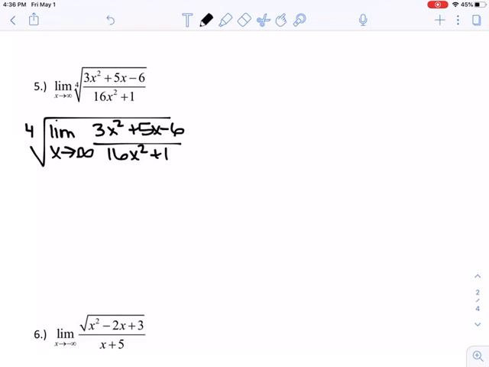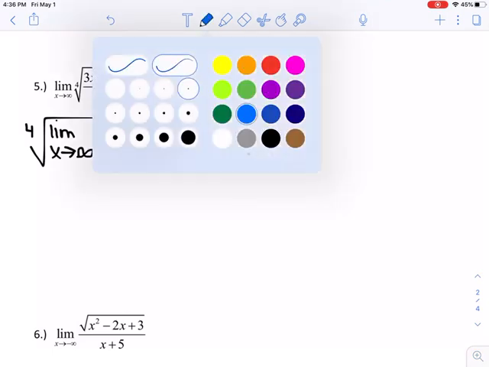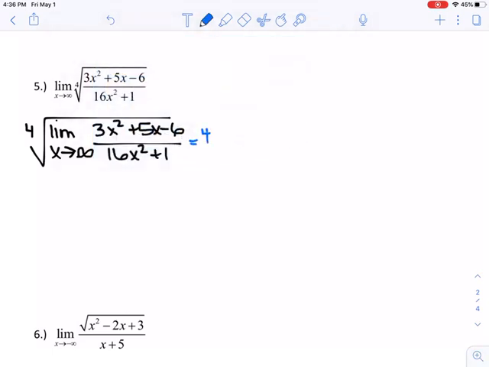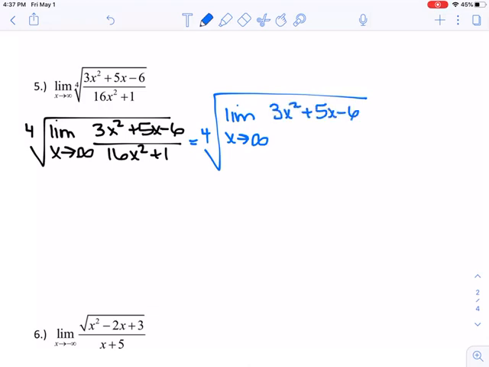So now taking a look at my problem, in my denominator, my highest power of x is an x squared. So I'm going to leave this fourth root out in front. And I want to multiply my numerator and my denominator by 1 over x squared.